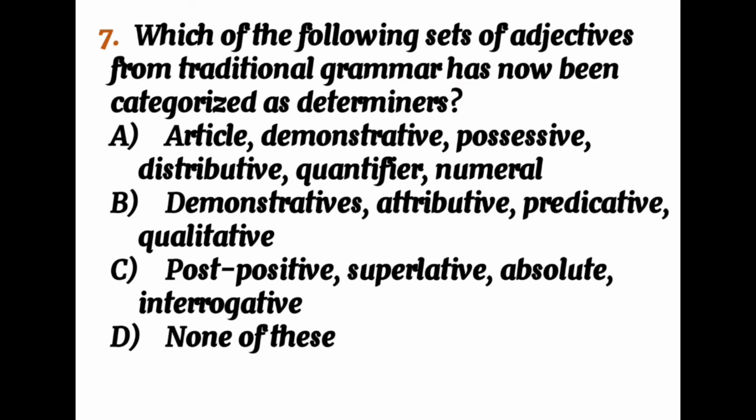The next is, which of the following sets of adjectives from traditional grammar has now been categorized as determiners? So this was the thing that I was talking about in the beginning of the lecture. I had to tell you about the determiners, but I did not tell you in detail because of this question number 7. Article, demonstrative, possessive, distributive, quantifiers, numerals.